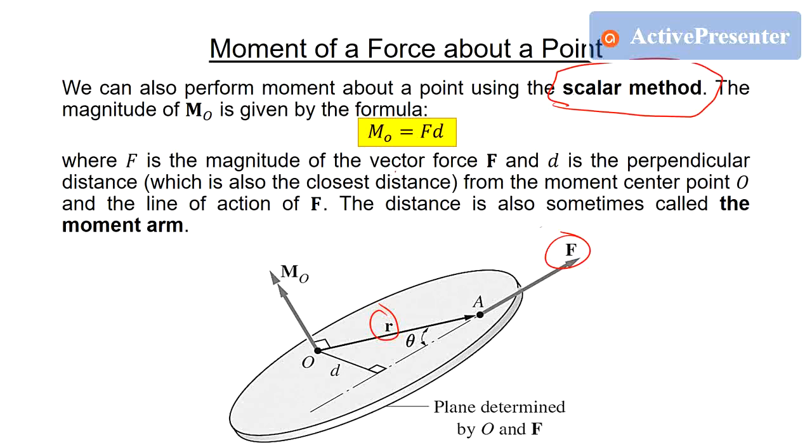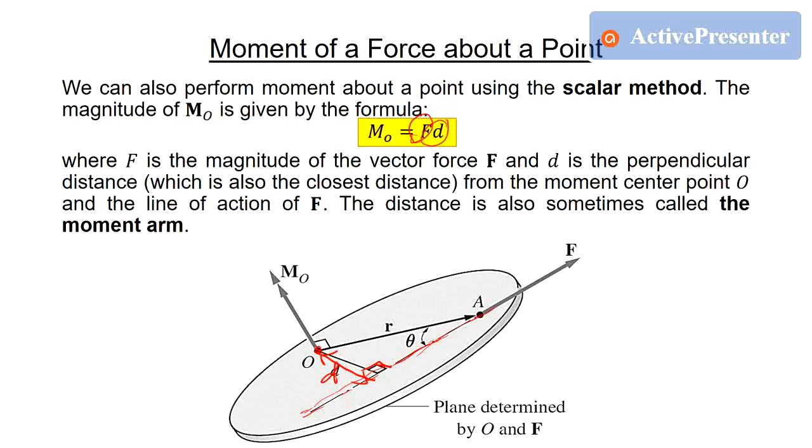The scalar method is simply the product of the force and the perpendicular distance of the line of action of force F from the moment center. As you can see, this is D. D right here is the shortest distance from the moment center to the line of action of the force.